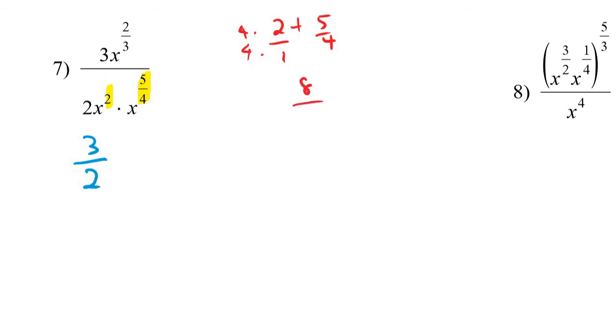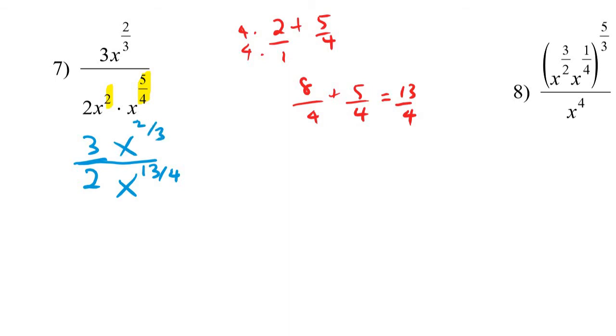That's 8/4 plus 5/4, that's 13/4. So we're going to have 13/4 for the denominator for x, one base. So x to the 13/4. And then this is x to the 2/3.